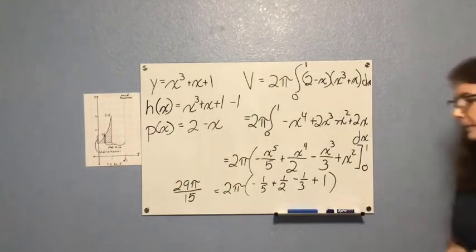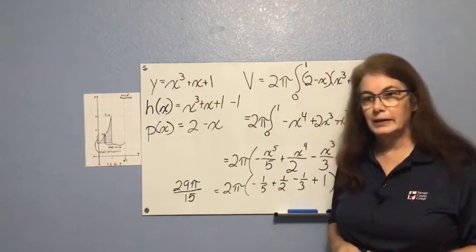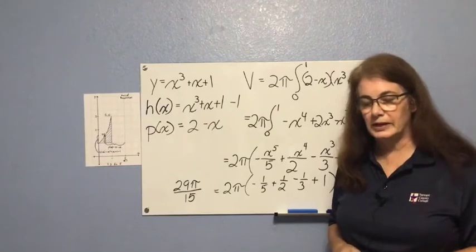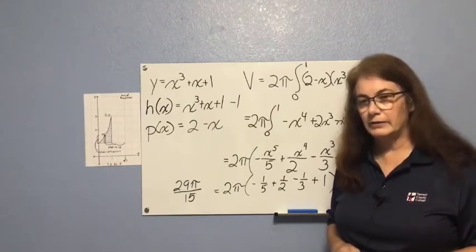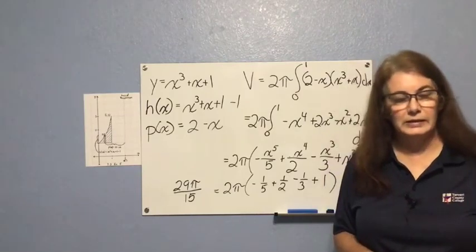Okay, so this is the shell method, just another way for you to calculate the volume using integrals, and gives you a little more flexibility on choosing a method that's easier to work.